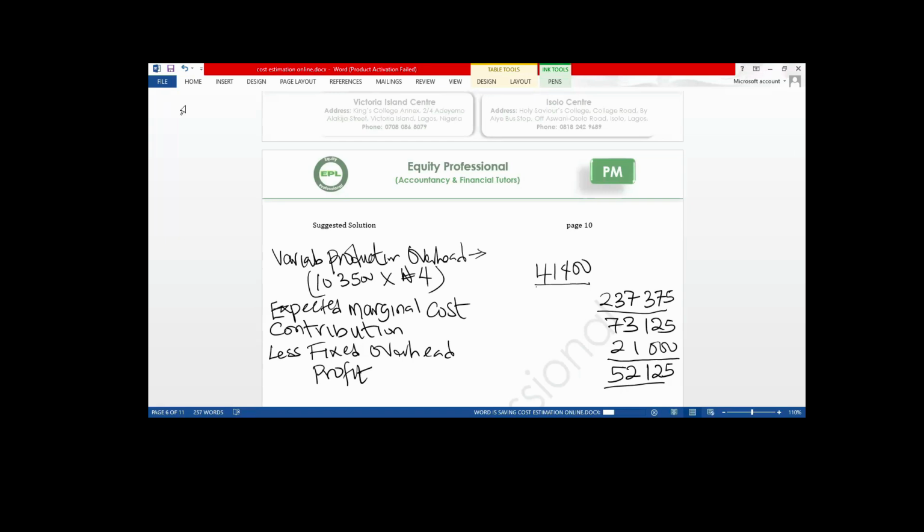The way we estimate costs at Apapa factory is different from the way we estimate costs at Ikeja factory. Why? Because at a certain point, when the production level exceeds 100%, you incur more costs or you save more costs.